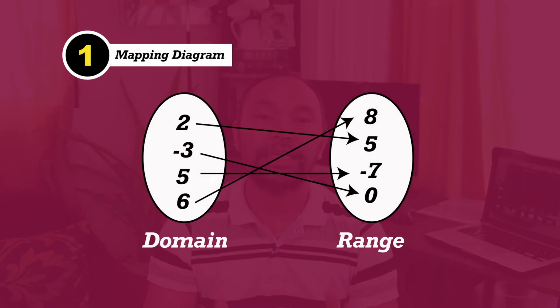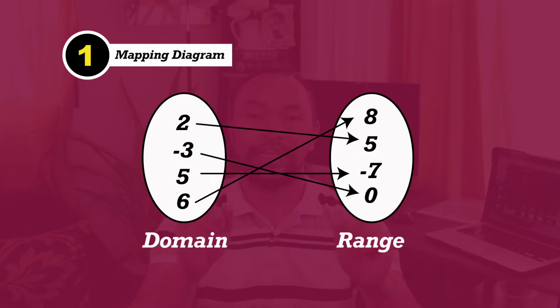Now, there are many ways of representing a function, and in this video we're going to consider 5 ways of representing a function. The first one is the mapping diagram.